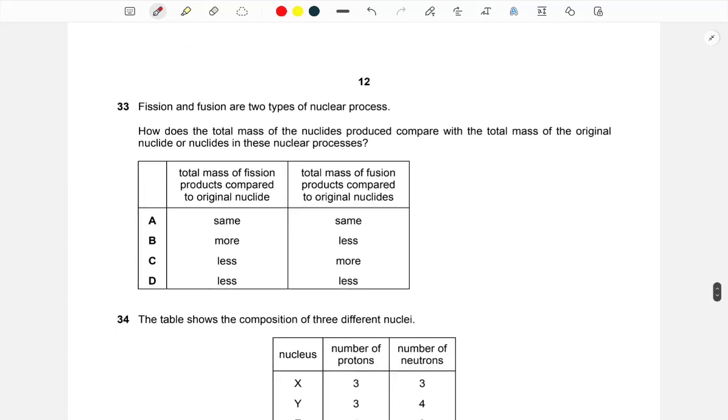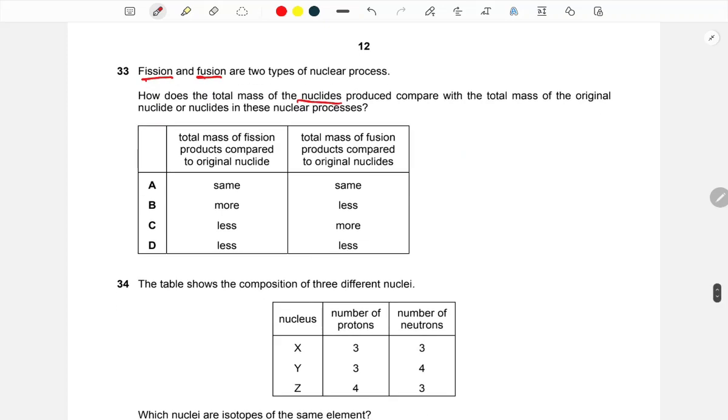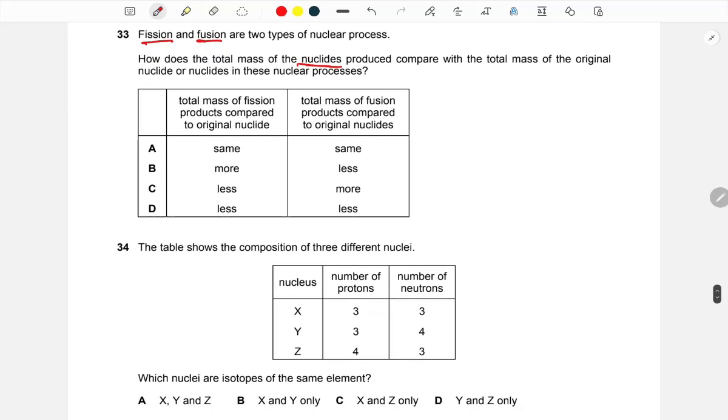Number 33. Fission and fusion are two types of nuclear process. How does the total mass of the nuclides produced compare with the total mass of the original nuclide or nuclides in the nuclear process? Okay, total mass of fission product compared to original.